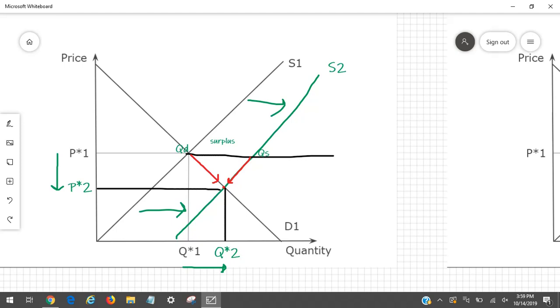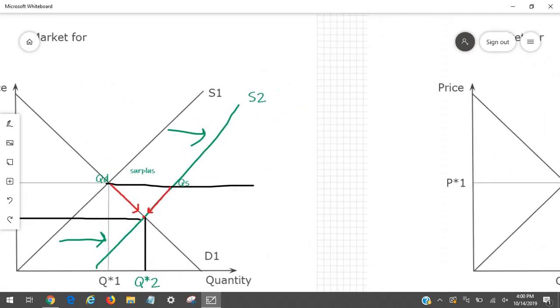This shift would cause the quantity supplied to exceed the quantity demanded for chicken, resulting in a surplus in the market for chicken. This would put pressure on the price of chicken to decrease, and in the end, the equilibrium price of chicken would decrease, and the equilibrium quantity of chicken would increase.